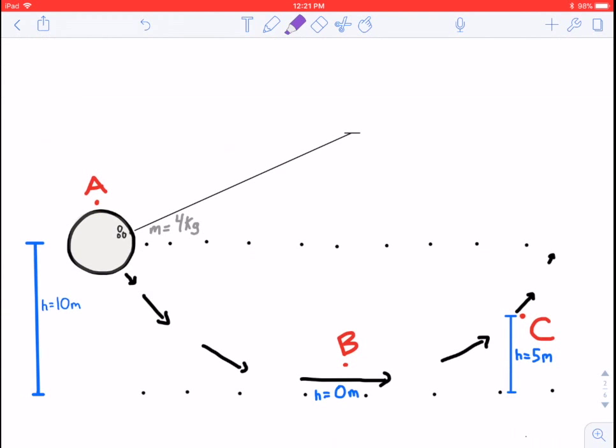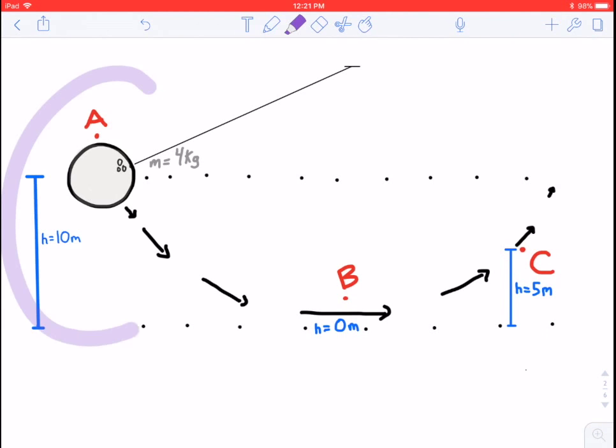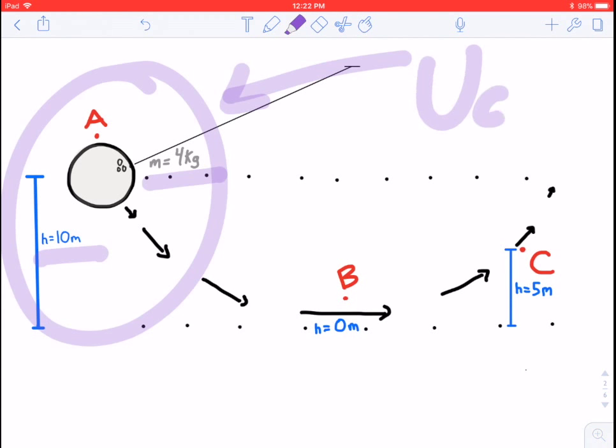So what are we going to do? Let's look at location A first. We're going to use the mass and the height to calculate how much energy it has, but we need to know what type. At this location it's going to have gravitational potential energy because it's lifted up really high.